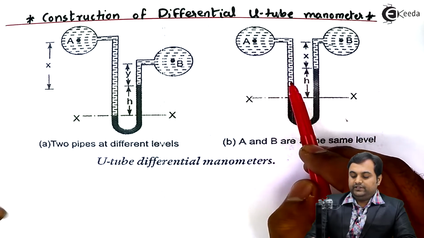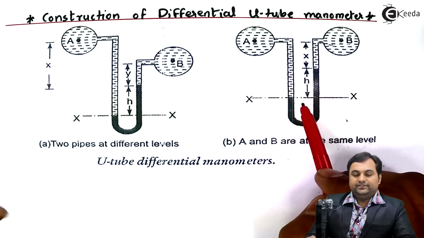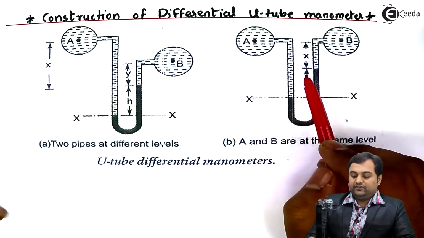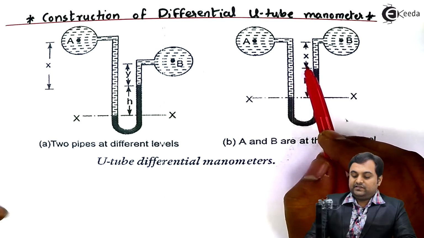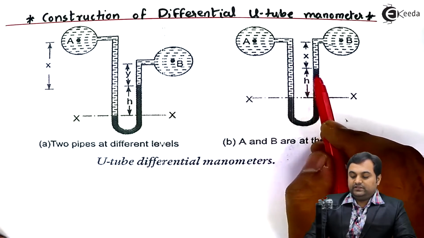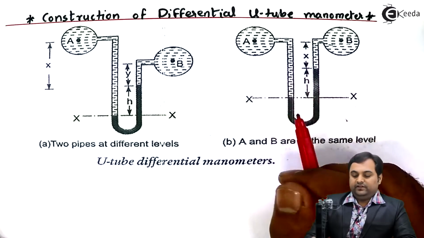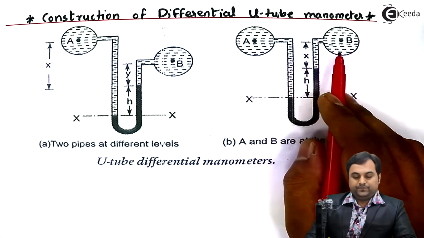Again the fluid would enter the left limb and the right limb. The mercury would be balanced, and here H is the difference of mercury level. X is the distance from the mercury level up to the center of pipes A and B. Once these readings are balanced, we can take the values and find the difference of pressure.